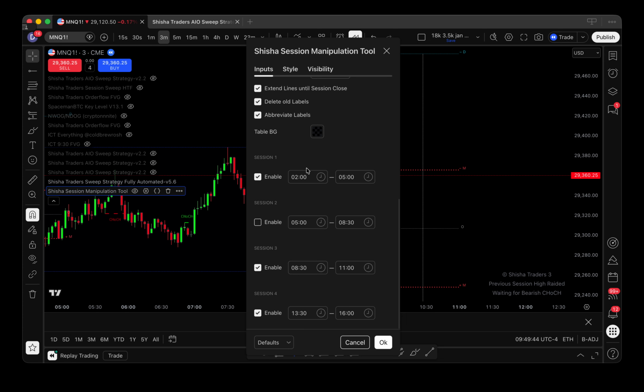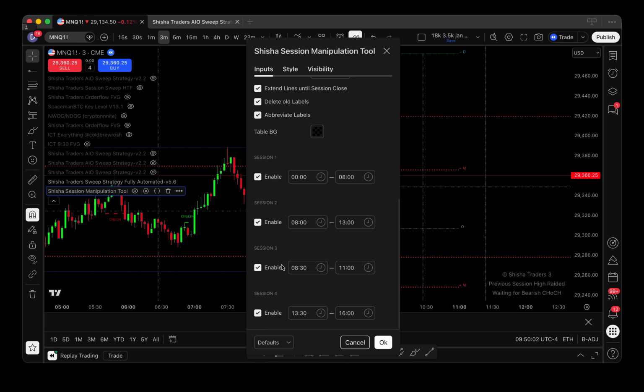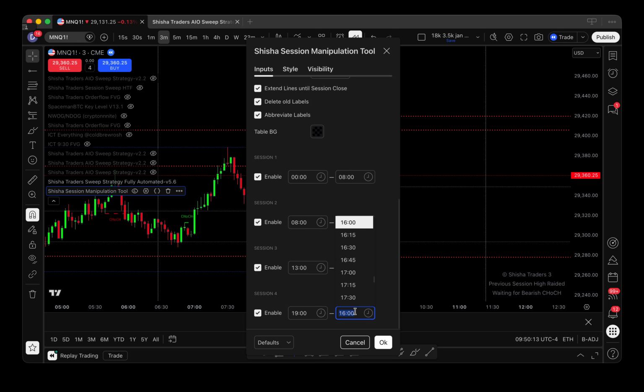If you realize our sweep strategy is not actually like that. Our sweep strategy starts from midnight to 08:00. The second session is London, 08:00 to 13:00, and that's New York AM, and New York PM is 13:00 to 19:00, and finally 19:00 to midnight is Asia, right?